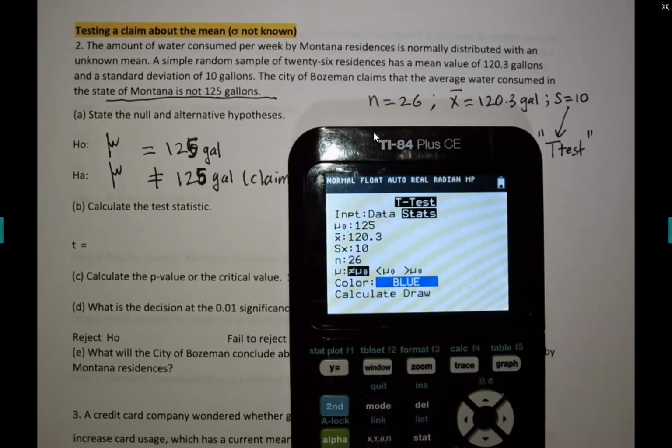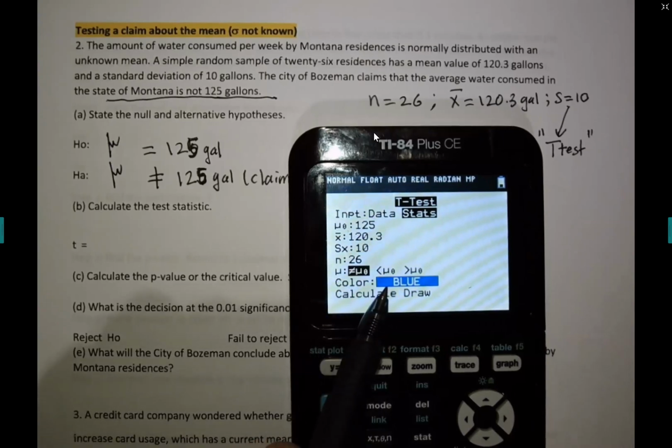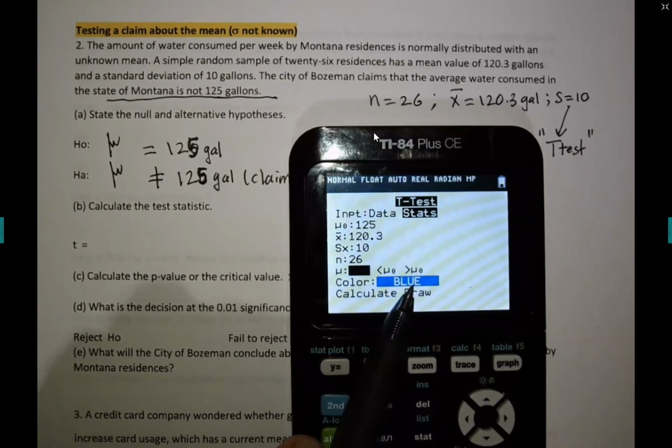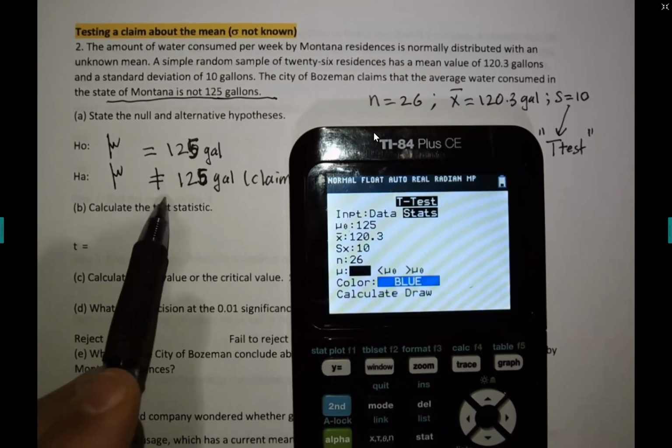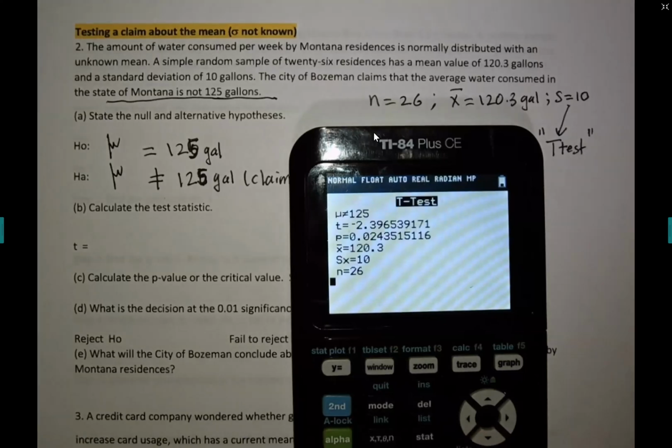The calculator needs to know whether you have a left tail test, right tail test, or two tail test. The first one is two-tailed, the second one is less than, it's a left tail test, and the third one is greater than. Well, I have a different from, so I'll choose the first one. And I hit calculate. Here you go.